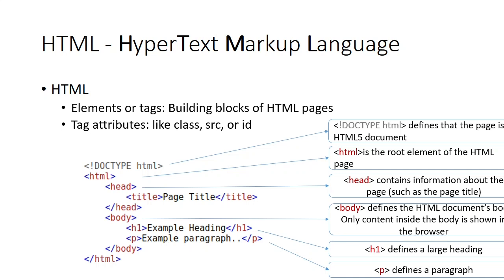And there are many other tags or elements that exist, like the button one or the image one, and so on and so forth. So for now, let's go do the practice that is in this room for this part.